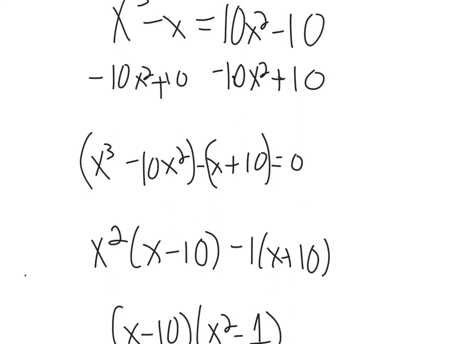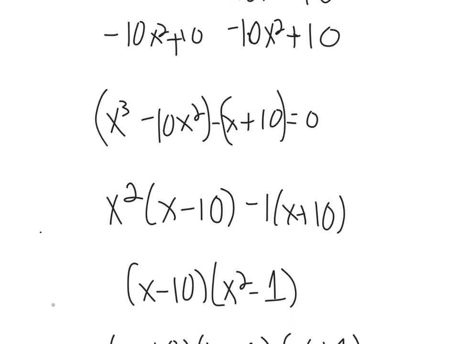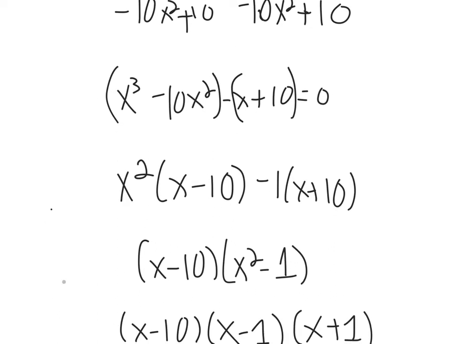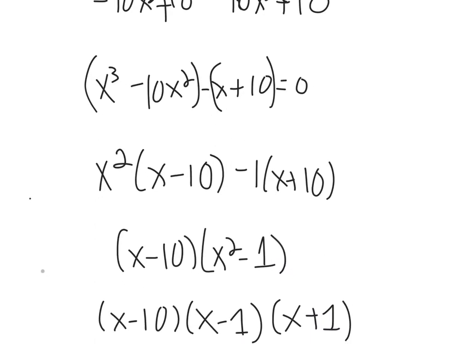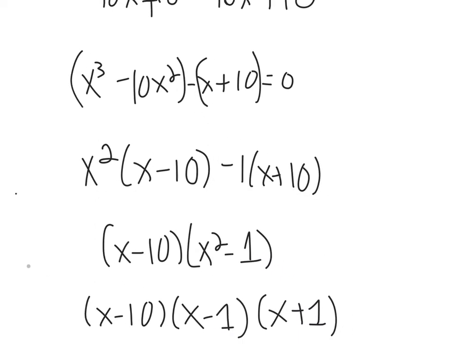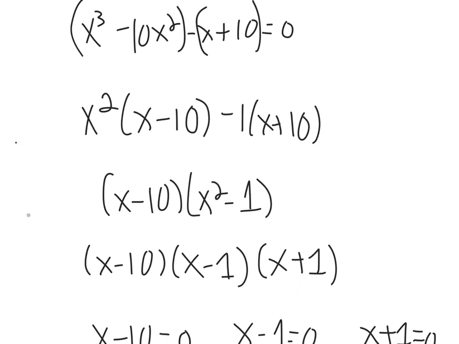So you group x cubed minus 10x squared, and you group minus x plus 10. So you'd see what you could take out of x cubed minus 10x squared, and you can take out an x squared, so it'd be x squared times x minus 10 minus 1 times x plus 10.